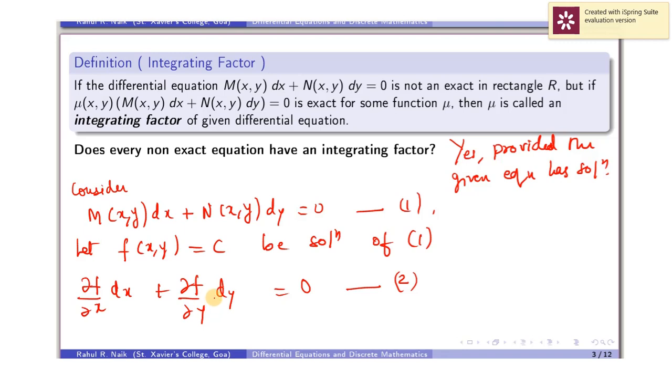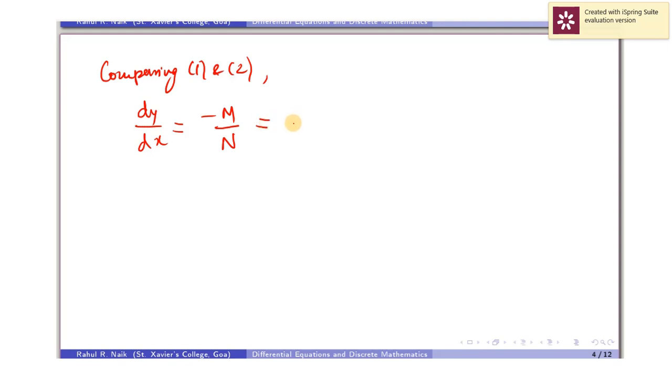So in the next line, comparing 1 and 2, we get, basically what is happening here is that from the first equation dy/dx is the same as minus m by n, and from the second equation you get it as minus ∂f/∂x by ∂f/∂y.